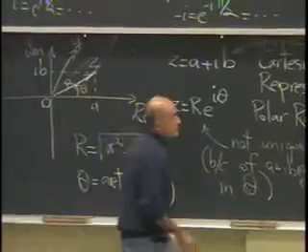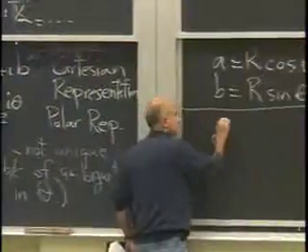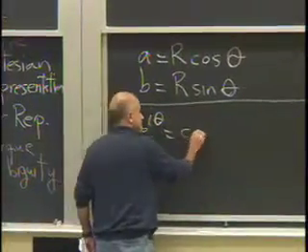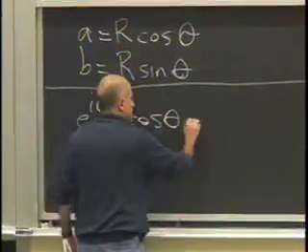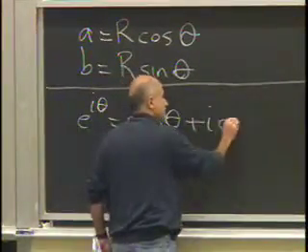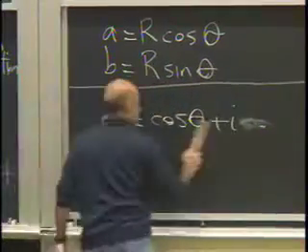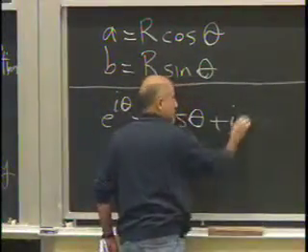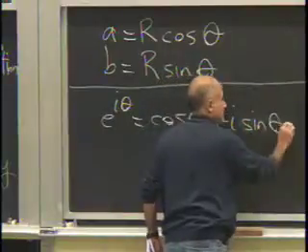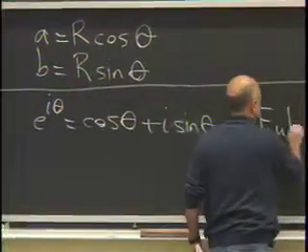Now, we wrote down the equation that relates the complex exponential with sine and cosine. And this, remember, we called Euler's formula.